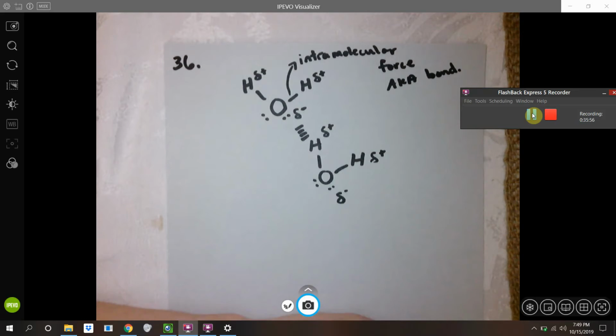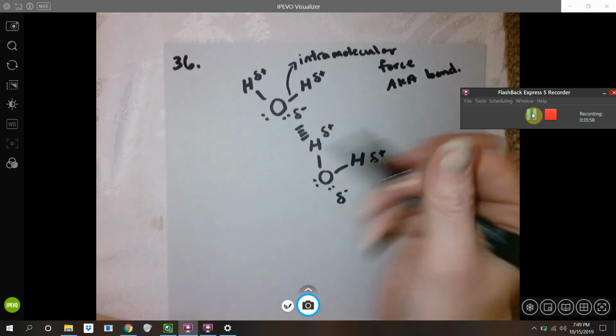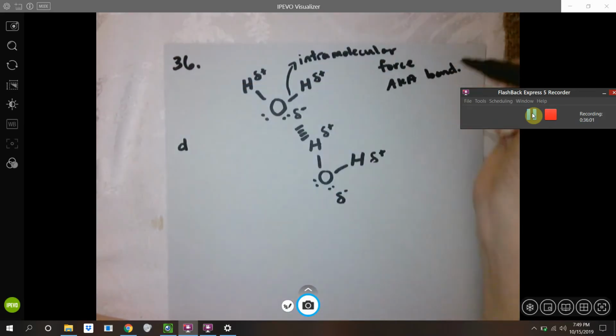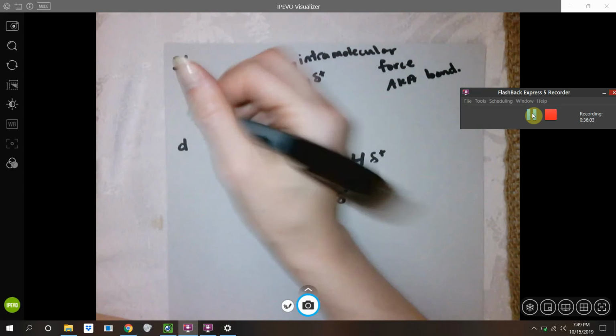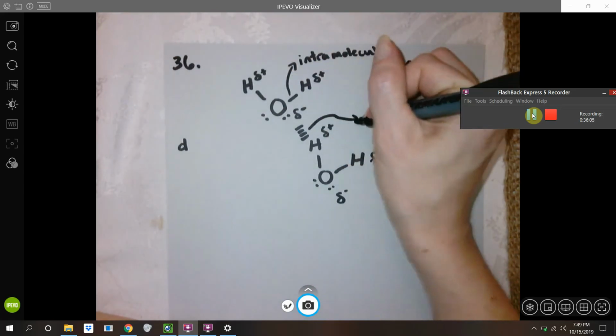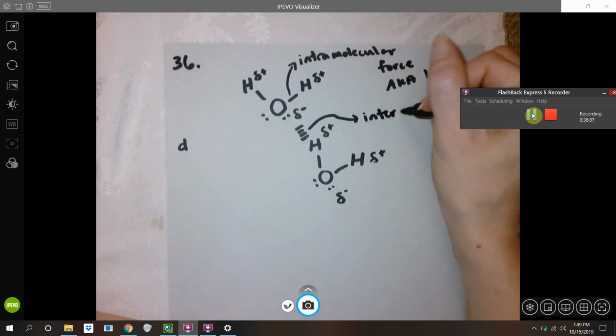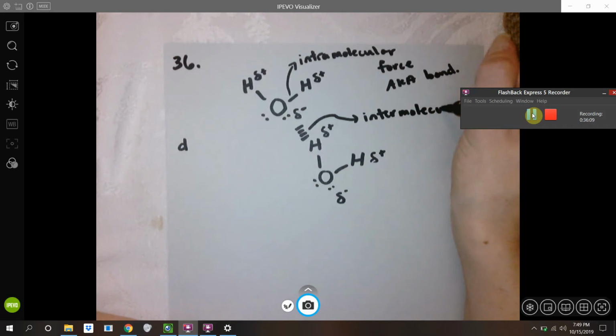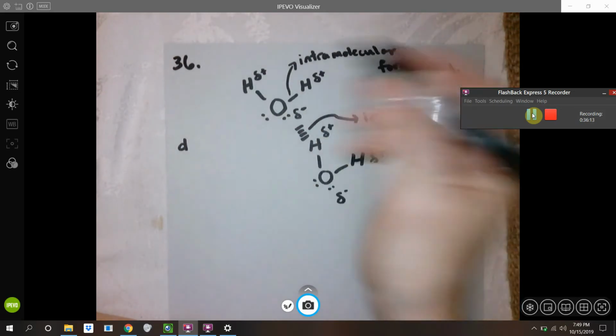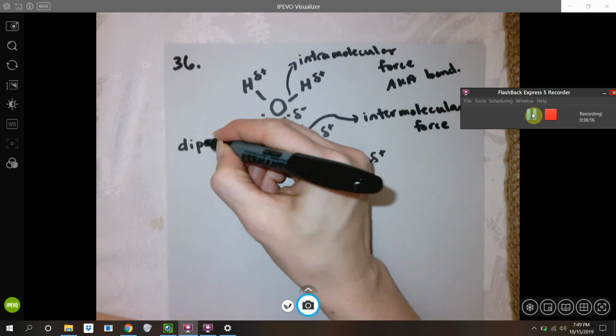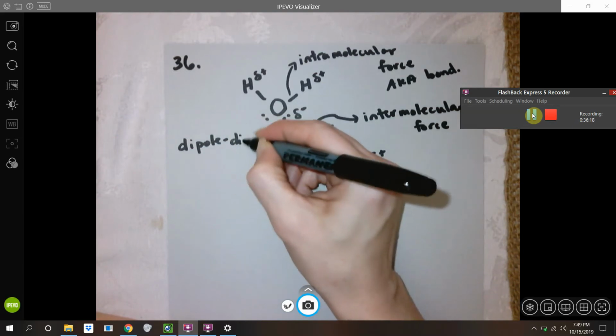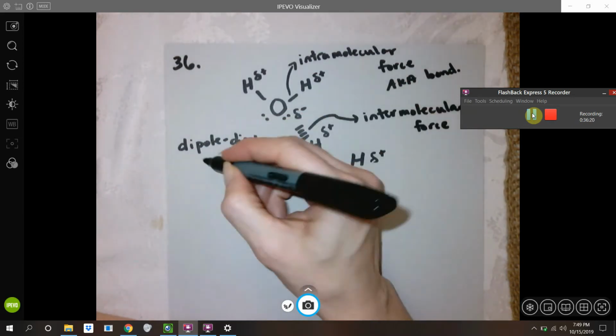And there's a special name for this. There's two names, I guess. This kind of intermolecular force is called a dipole attraction.